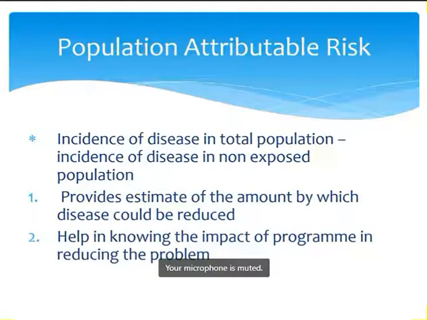So if we ban smoking and don't allow people to smoke, how much lung cancer is occurring in the total population and how much in those who don't smoke? When we subtract that, we will know how much of a difference a ban on tobacco will make to the occurrence of lung cancer.